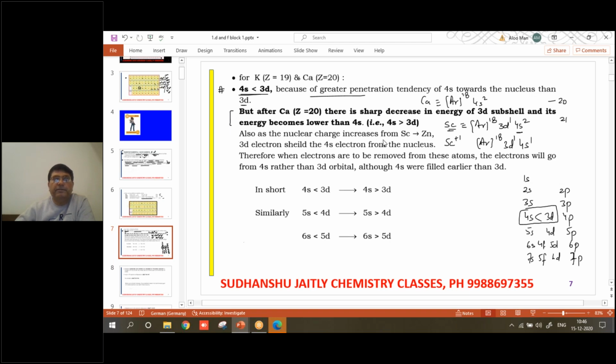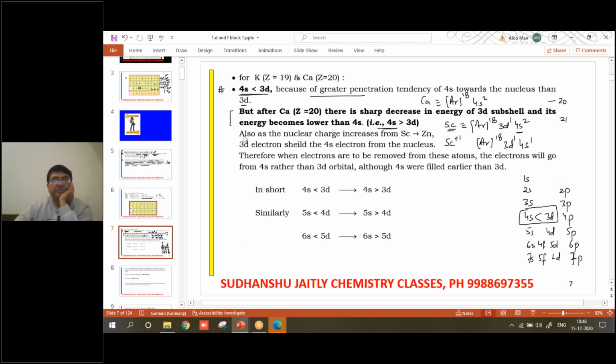But after calcium, there is a sharp decrease in the energy of 3d and its energy becomes lower than 4s. So 4s will be filled first and 3d later.